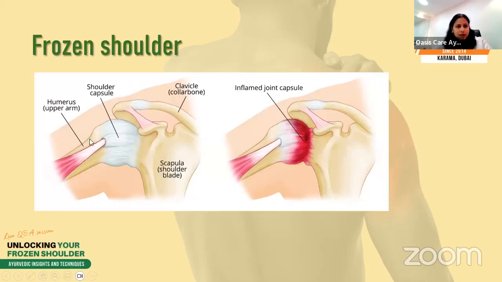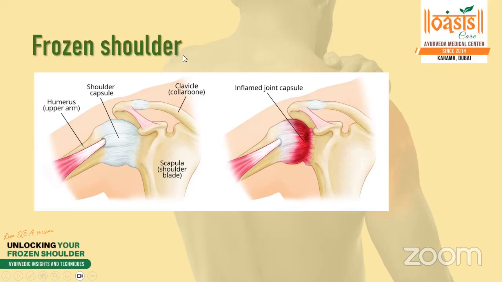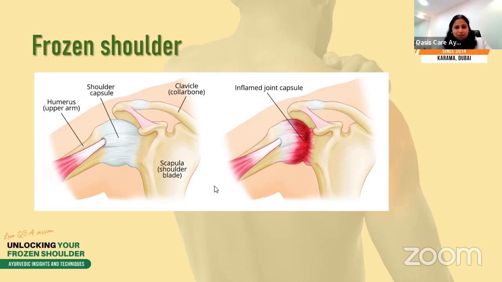Now you can see in this picture the humerus, the bone of the upper arm. This is the shoulder capsule. This is our collar bone, and this is the scapula.